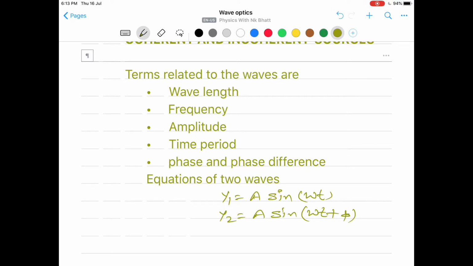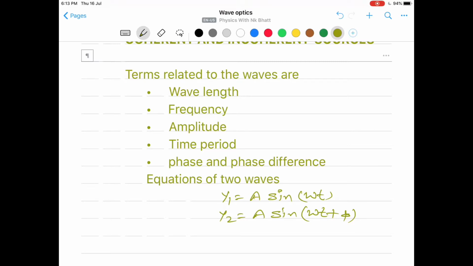So these are the equations of two waves. If we consider all these terms which are listed here, then we can understand and identify these particular quantities in these two equations of the waves.